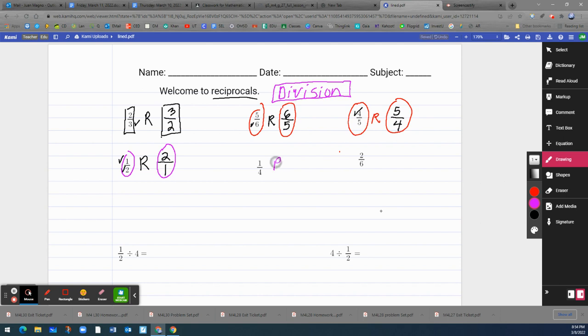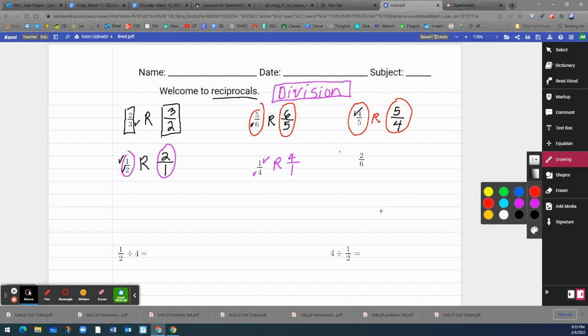Okay, let's practice one more. What is the reciprocal number for 1/4? Again, the reciprocal number is found in this manner. The denominator flies into the numerator position, and the numerator flies down to the denominator position.